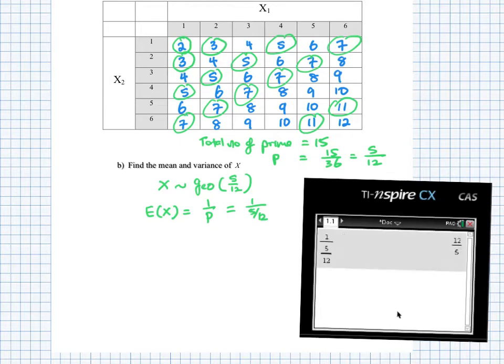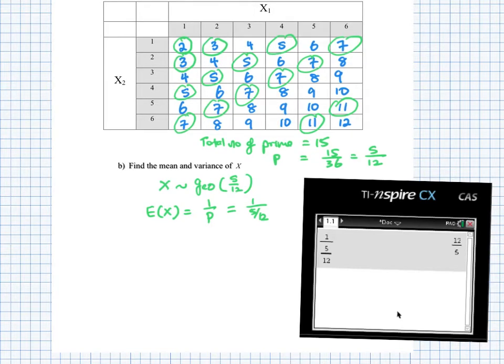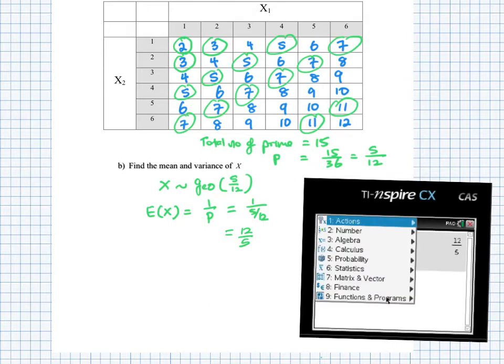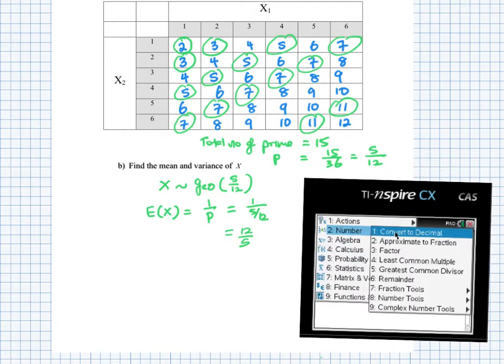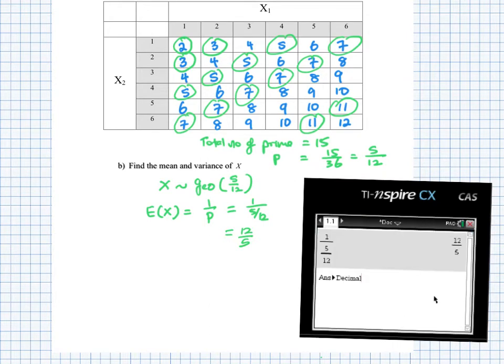So the answer is just 12 over 5, which is 2.4, if you want to put it in decimal.